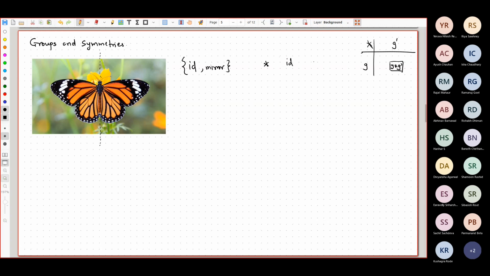You have ID, mirror, ID, mirror. So this is the identity element, obviously. ID operated with ID is just ID, this is just mirror, this is just mirror. And if you take a mirror image and then take another mirror image, you'll get back the same configuration. So mirror composed with mirror is just ID. Okay, so this is a group of size 2 with the identity element being the identity operation, which says just don't touch the butterfly.